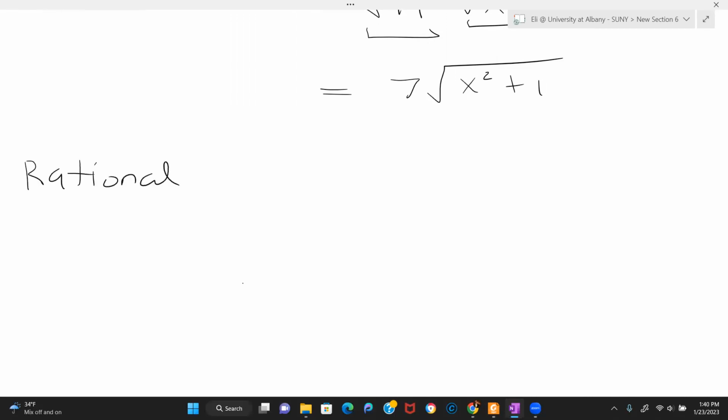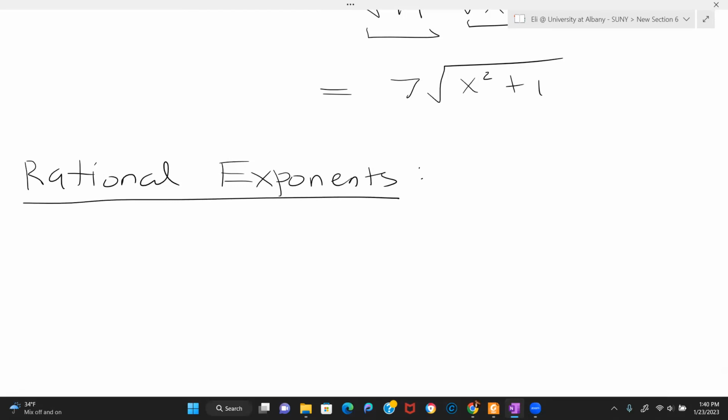So now that we know how to compute integer exponents and radicals, we can talk about rational exponents. It's just an obvious extension or generalization of everything we've been doing. So I'm just going to write down the definition. There's not going to be any motivating example. It's going to be pretty straightforward what you need to do.